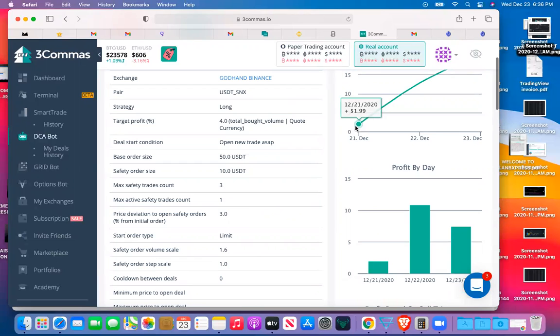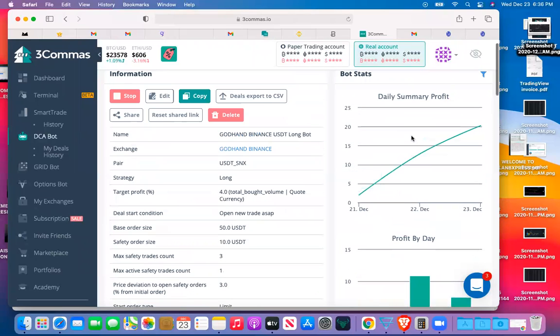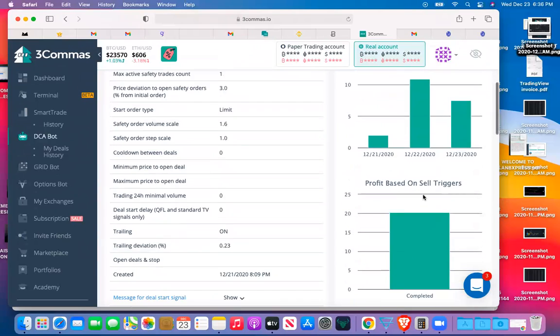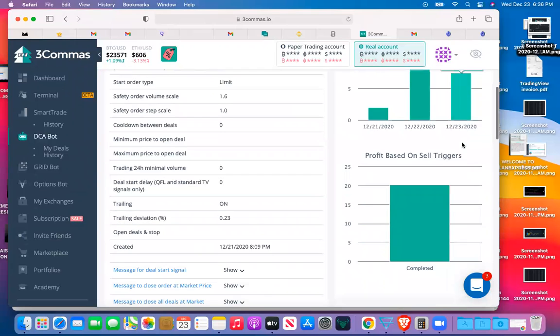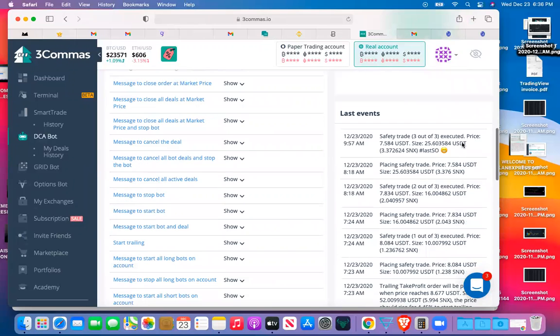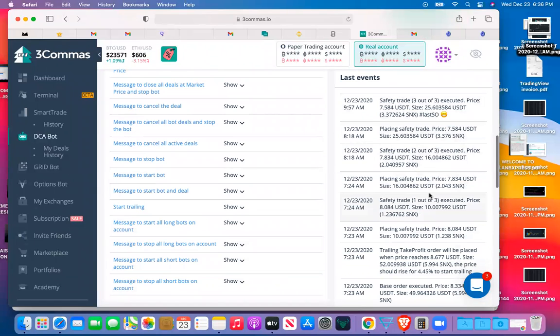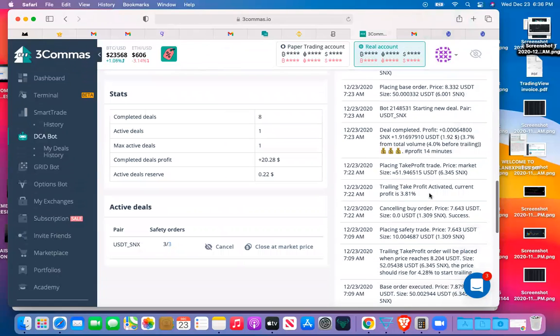So 21st, 22nd, 23rd, today is the 23rd. It has made $20 profit within these 3 days. Yesterday it made more, $10. The first day, just $2, then $10. Then today so far it has made $7. So you look at it, this bot has been running, and I do not need to be there.